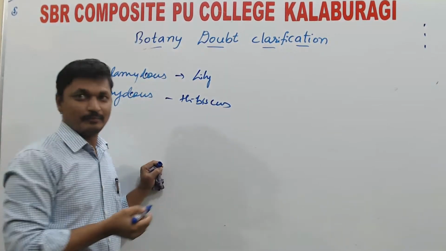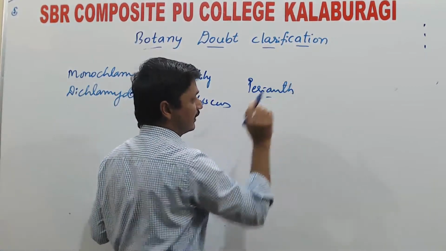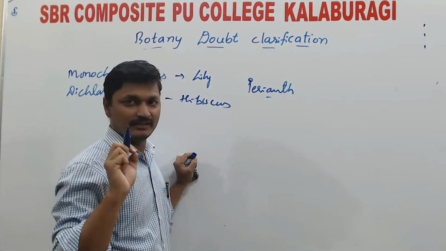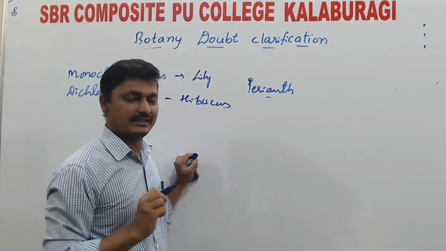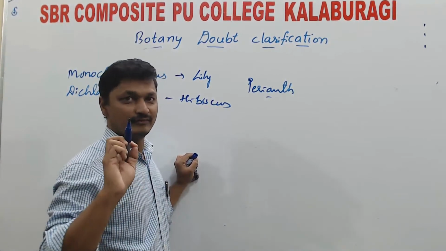One more student asked what is perianth. Perianth is a structure in which sepals and petals are not differentiated.